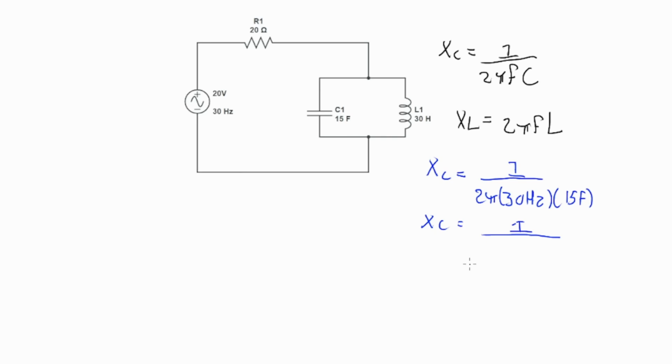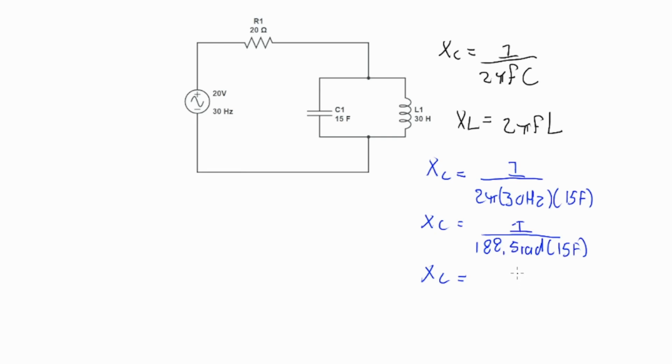Why? Because the product of this multiplication, 2π and the frequency, equals angular frequency. And the measurement unit of the angular frequency is radians, so don't make that mistake. 2π times 30 will equal about 188.5 radians.